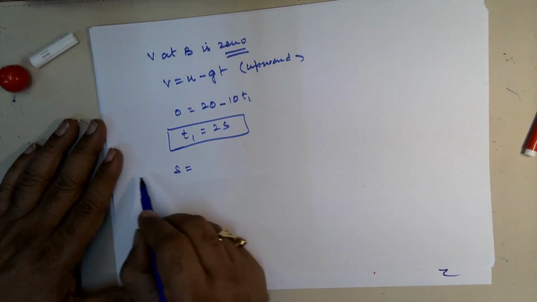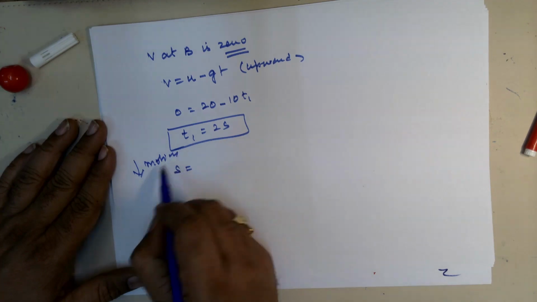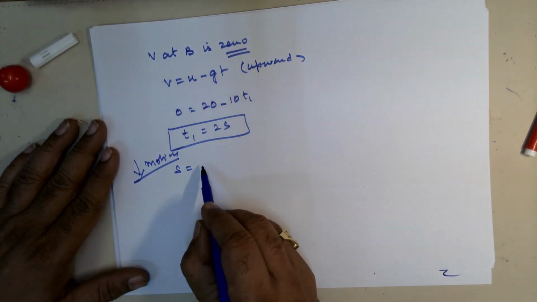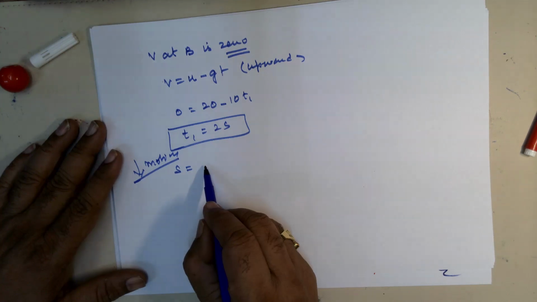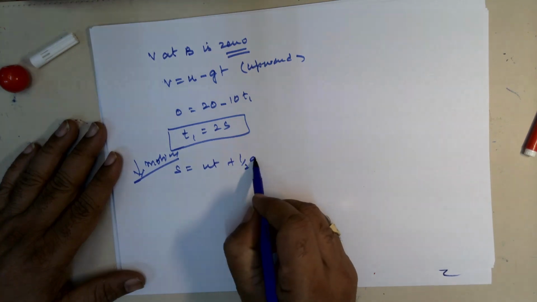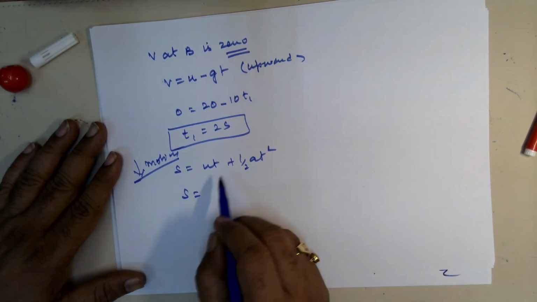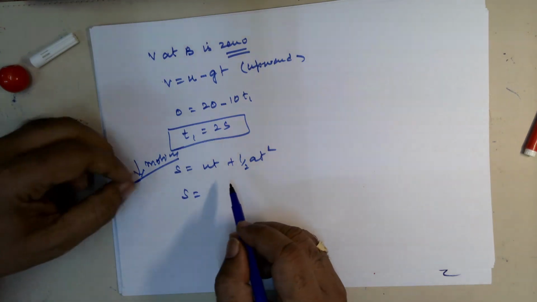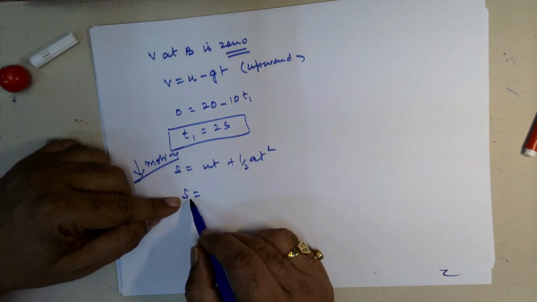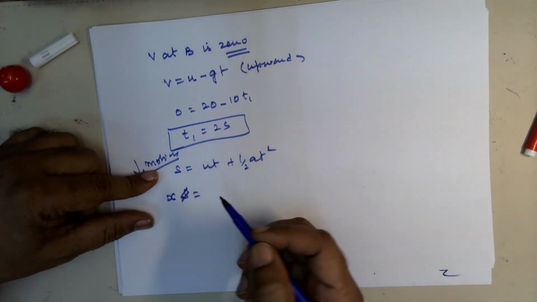S is equal to, for downward motion, ut plus half at square. But you have to convert this for gravitational movement, so under the influence of gravity, instead of S you can put x.